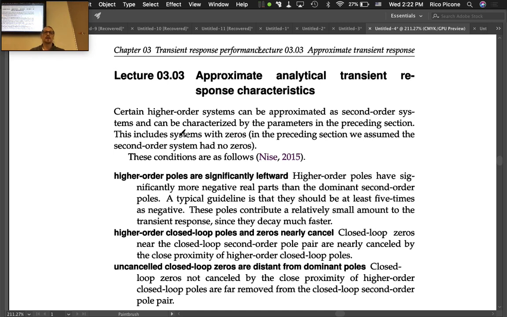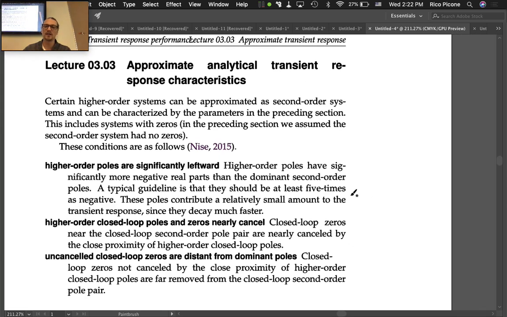In the preceding section, we assumed the second order system had no zeros, so we will also consider that. These are the conditions for the second order approximation, the one we'll most frequently use, for when that approximation is accurate.